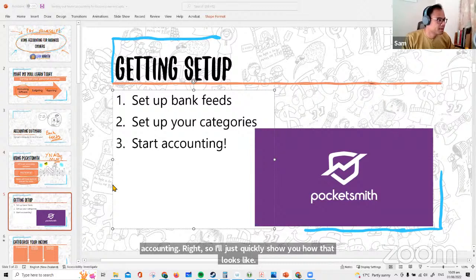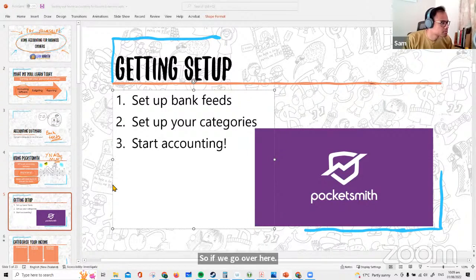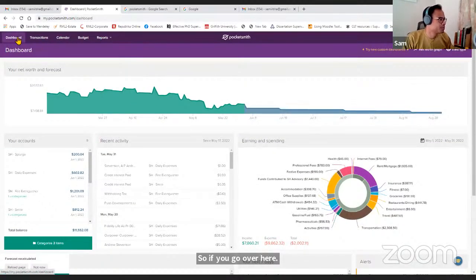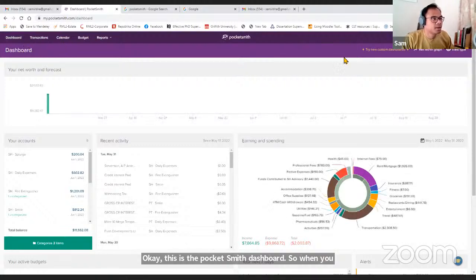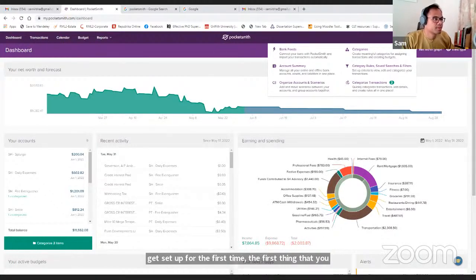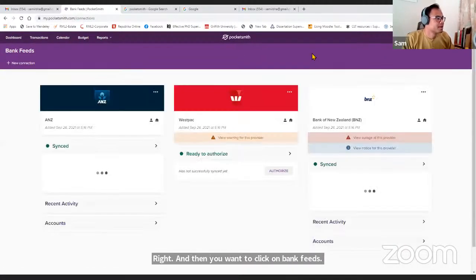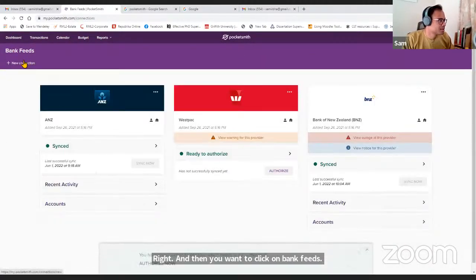So if we go over here, okay, this is the PocketSmith dashboard. So when you get set up for the first time, the first thing that you want to do is go to manage, all right? And then you want to click on bank feeds. Okay, and then you want to click new connection.